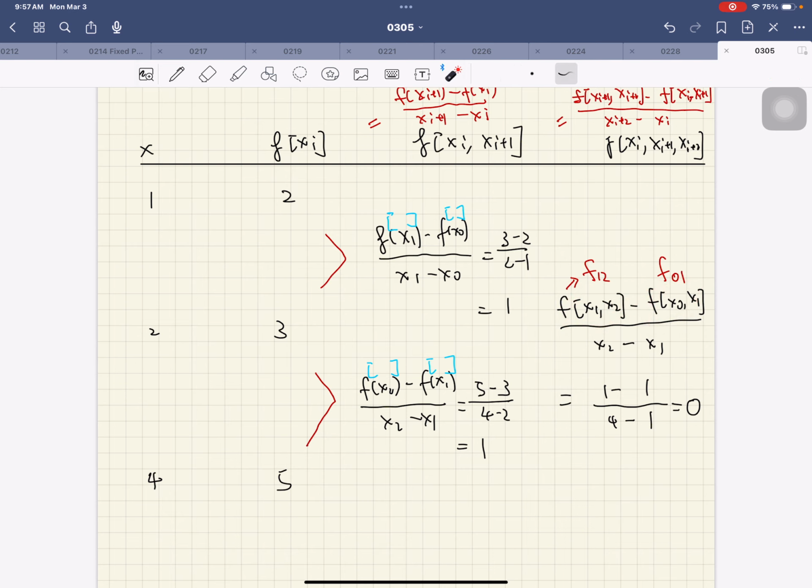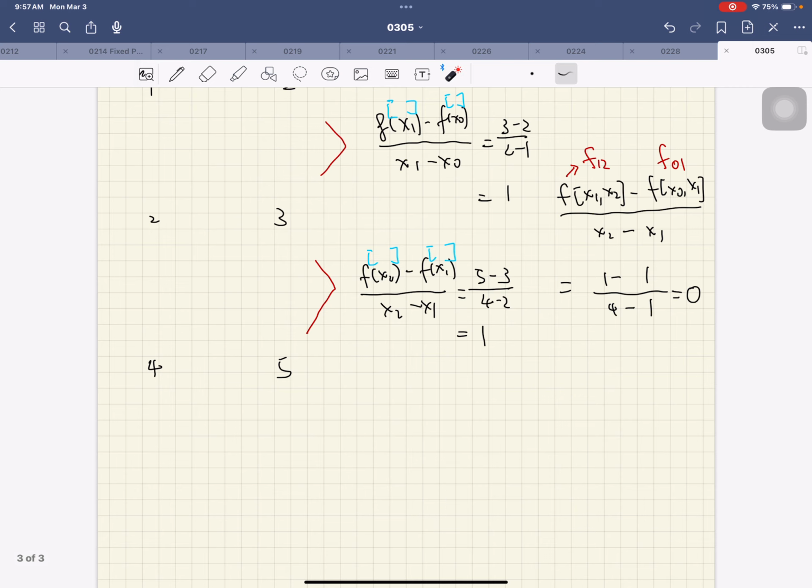Based on the information over here, we can finally give the polynomial interpolation.